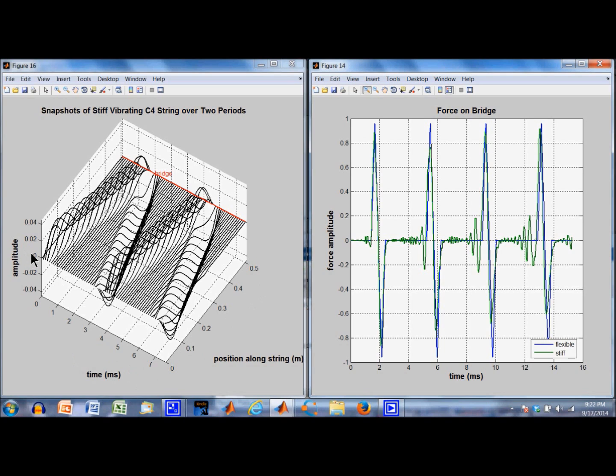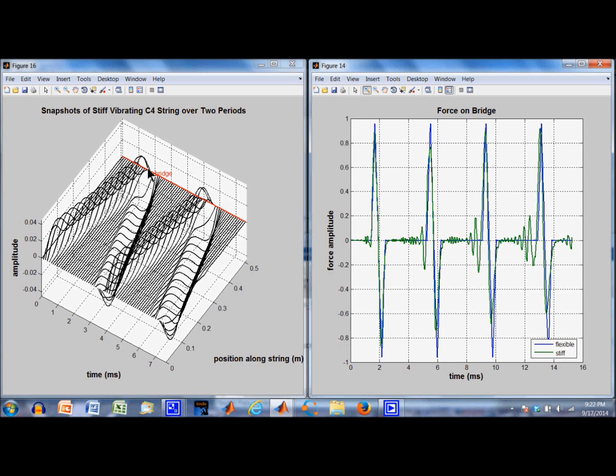For example, here we have the amplitude of the string plotted versus time and versus position along the string. To start out, you can see this line along the back here, the flat line. That's the initial rest position. The string is struck, and then this peak is developed, this pulse, which moves towards the bridge. While it's moving towards the bridge, the slope at the bridge over here is basically zero, which is what we see here. When the pulse reaches the bridge, now you see we're pulling up on the bridge.